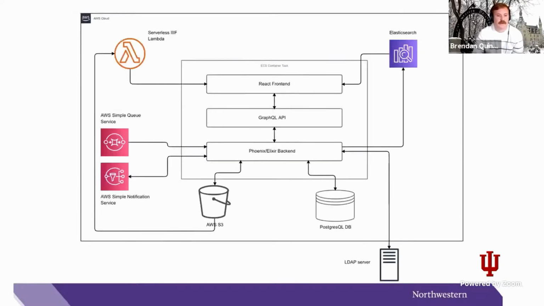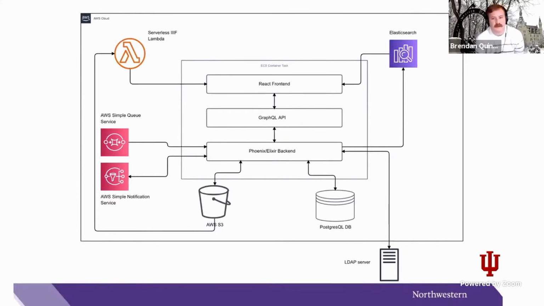And for the visual thinkers among us, this is a diagram of what we have in place in AWS. It's definitely simplified, and I'm ignoring things like networking and security. Just to keep it as simple as possible, in the center of this diagram is an Amazon ECS container task.